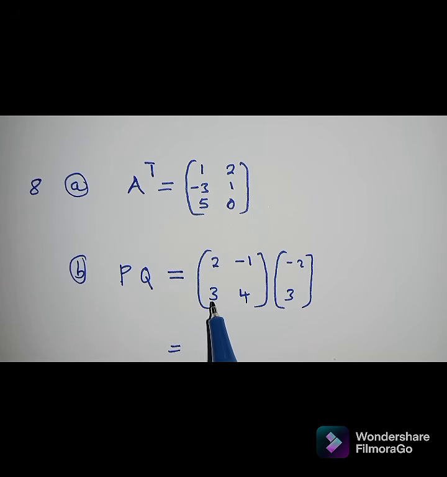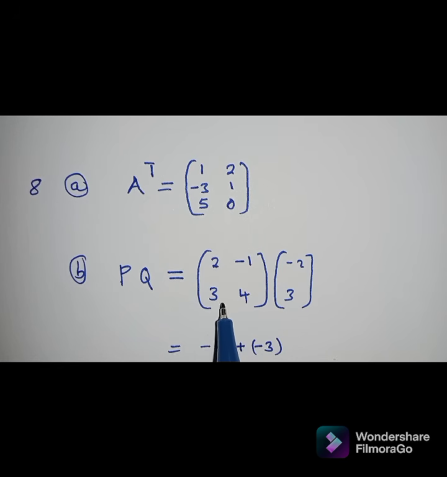So now, the way we do it, we multiply the entries, rows by columns. So 2 times negative 2, negative 4. Negative 1 multiplied by 3 will be equal to negative 3.